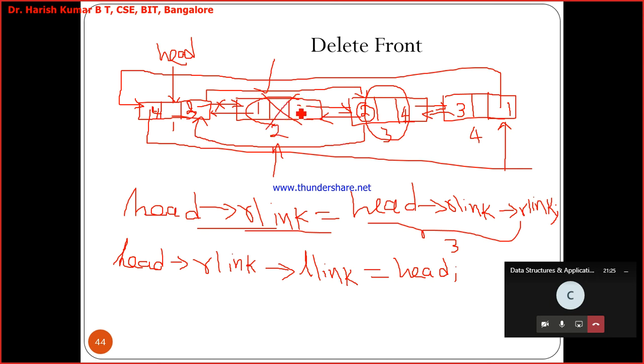Deleted in the sense it will be there in the memory, but you don't have the address to reach that node now. The address is lost now. Understood? So earlier you had address in this header node to reach this, and you had address in this node to reach this. Right now this is also updated to 3, and this also gets updated to 1. That means you have lost the address of reaching this node. It's still there in the memory, but you don't have the path to reach it.